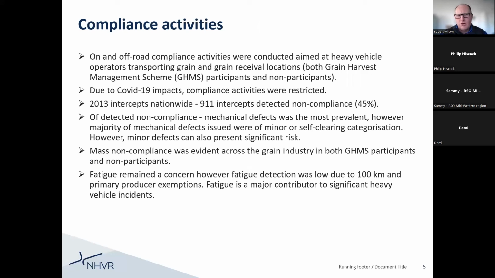So for on-road and off-road compliance activities, the purpose of those activities is to look at, obviously, the vehicles and drivers as far as their compliance. We also do what we call off-road activities, looking at the grain harvest management schemes and also non-participants in those schemes as far as receivers and seeing as far as mass and vehicle state that's coming in.